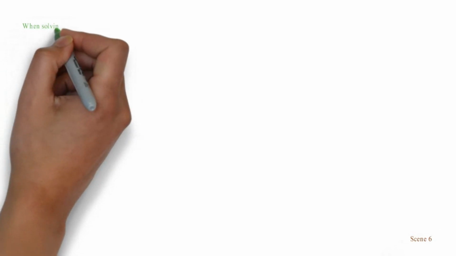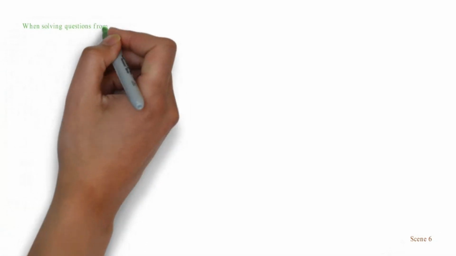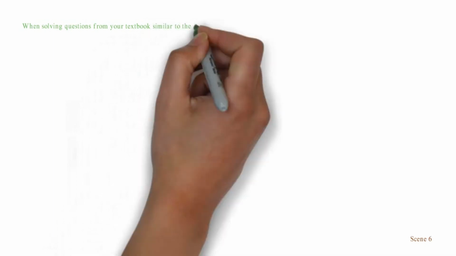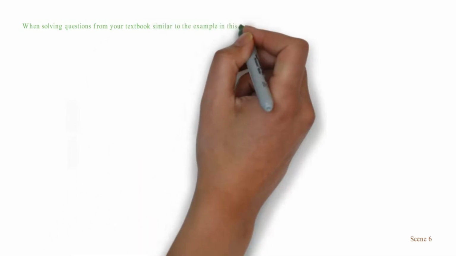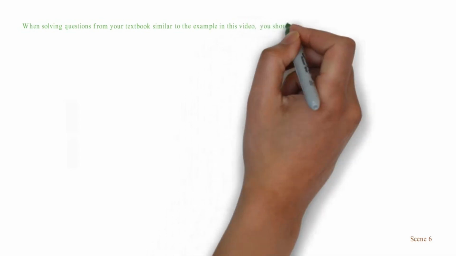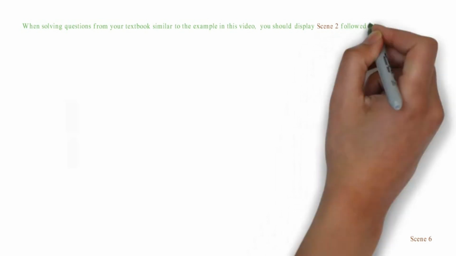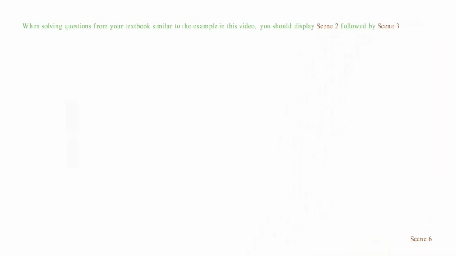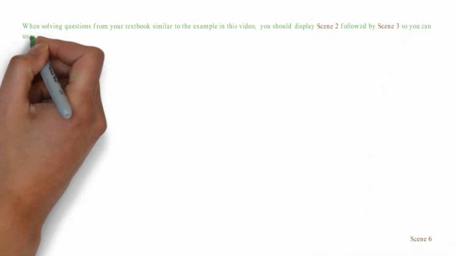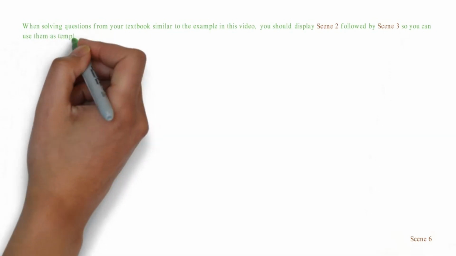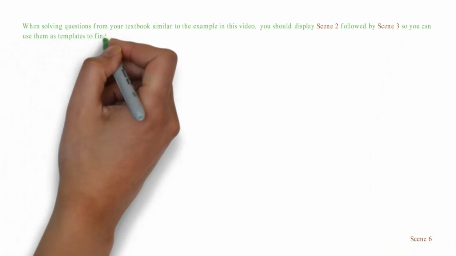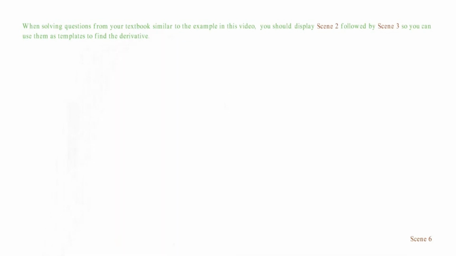When solving questions from your textbook similar to the example in this video, you should display scene 2 followed by scene 3, so you can use them as templates to find the derivative.